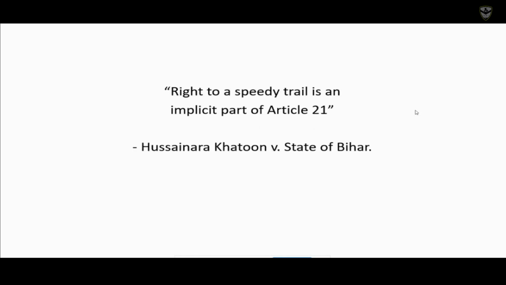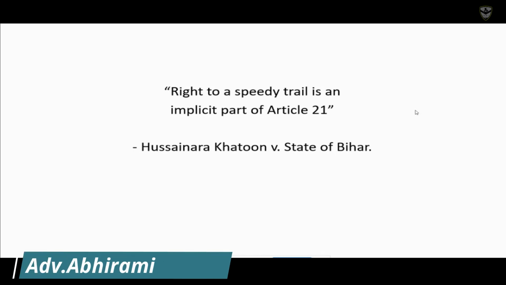There is a legal maxim which is justice delayed is justice denied, and this maxim is also important in the Indian Constitution. In 1979, in the Hussainara Khatoon versus State of Bihar case, the Supreme Court considered the right to a speedy trial an implicit part of Article 21.